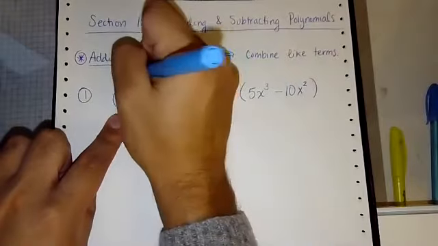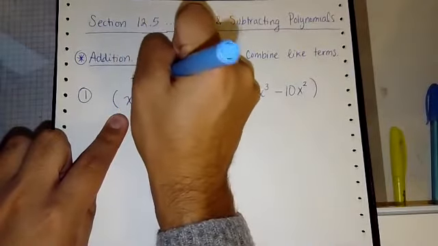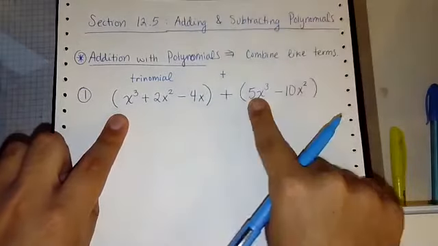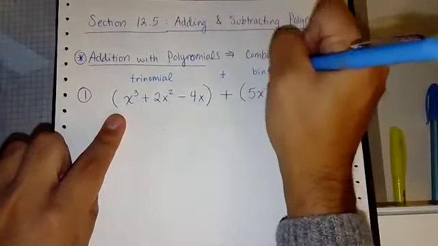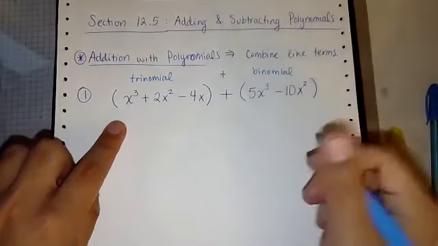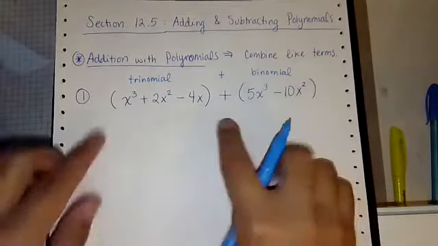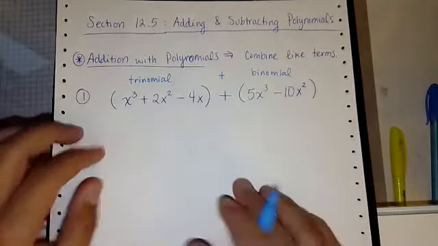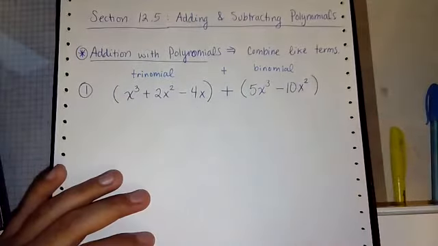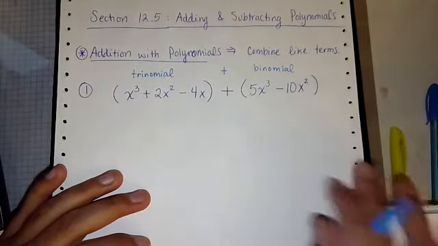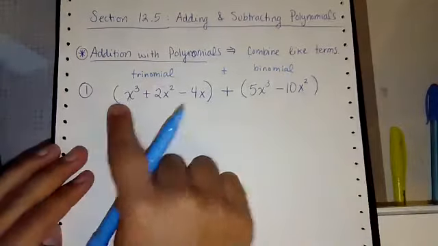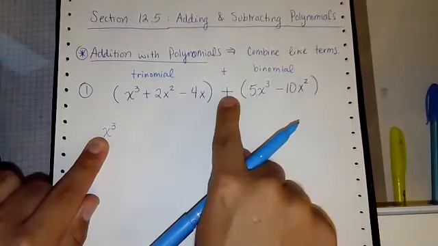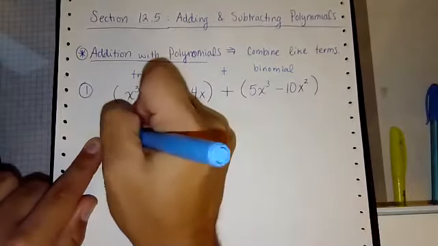So we might call this a trinomial. And we're adding that to something that has 2 terms, a binomial. Well, when you need to add a trinomial to a binomial, you're just going to combine like terms. So you can just ignore the parentheses for these kinds of problems and then just look at your like terms. We have x to the third power here, and we need to add that to 5x to the third power.